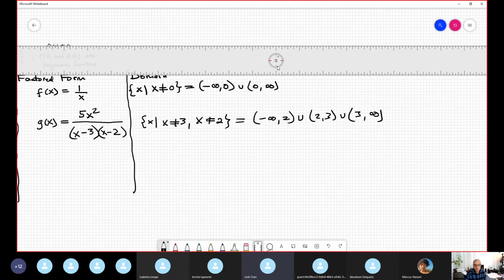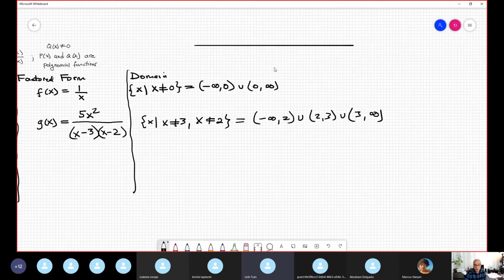Here, let me try here. Sometimes some students, including me, require a sketch to understand, no? Because I am lost. Basically, we have two holes, one hole at 2 and another hole at 3. Because if you plug in 3 here, what happens? 3 minus 3 is 0, division by 0, undefined.